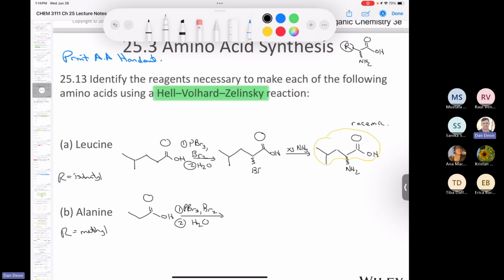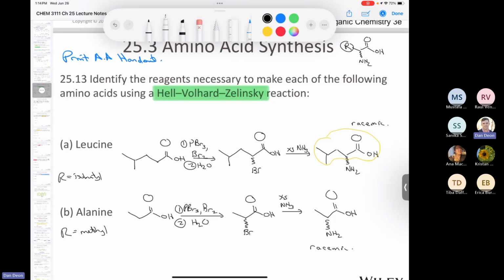That puts the bromine in at the alpha position. And then that bromine is susceptible to an SN2 with excess ammonia. So ammonia in excess, there we go. And so we're going to end up with alanine, which is this very compound right here. And of course, it's going to be racemic. So we can put here racemic.